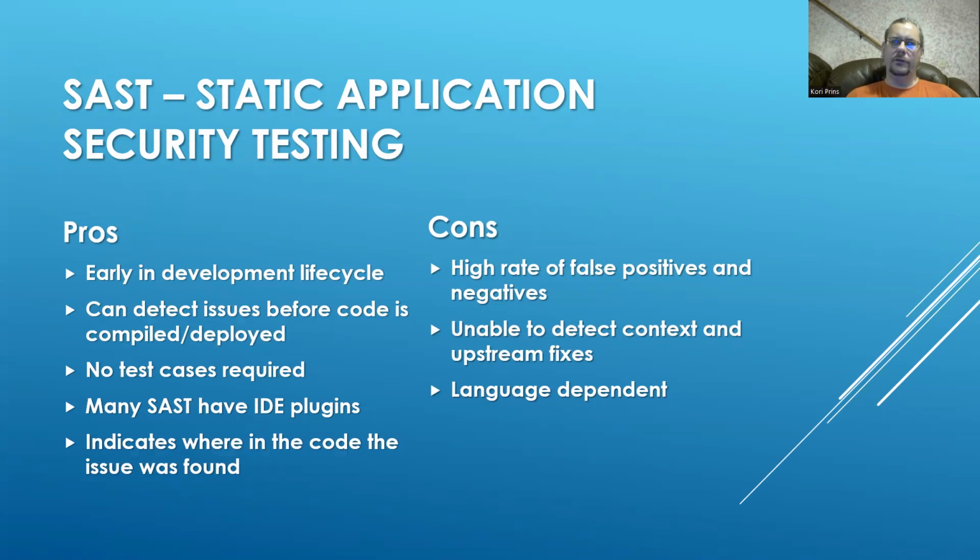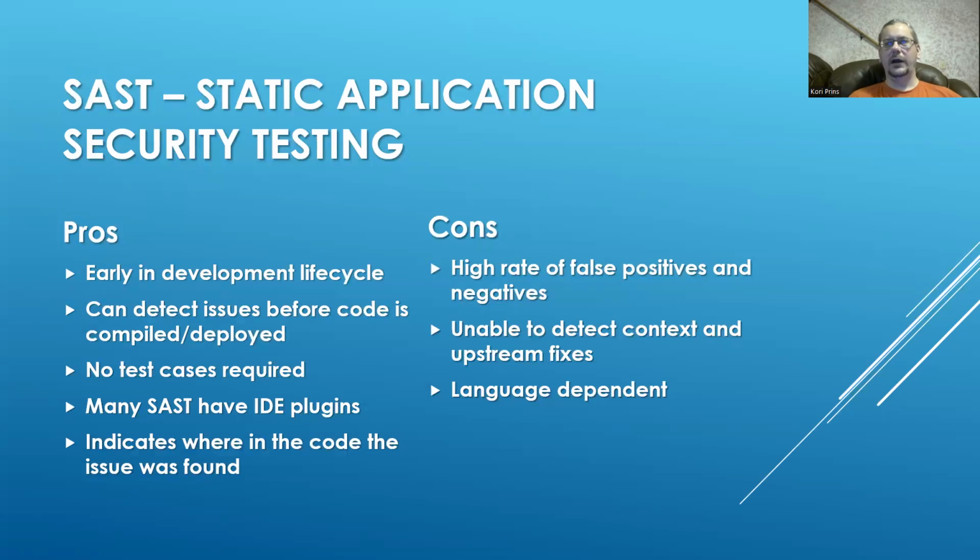Some of the negatives with SAST, however, is that SAST traditionally has a fairly high rate of false positives and false negatives. In the past, SAST solutions usually had about a 50 to 80% false positive, false negative rate. But that number has come down considerably in recent times.